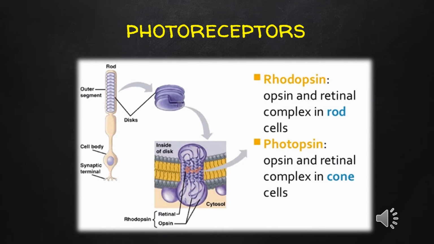In both rods and cones, the protein holding the light-absorbing retinal is homologous: opsin. Rhodopsin in rods, and 3 types of spatially distinct photopsin in the cones.